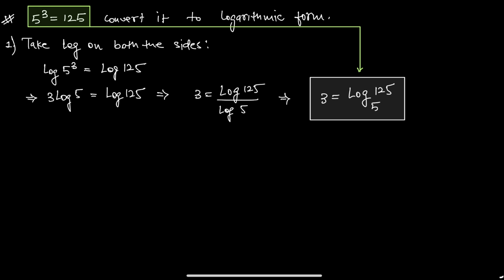We will do a few more questions to understand how we need to convert these things. So in the next part we have: convert log x with base 3 equals 2.5 to exponential form.